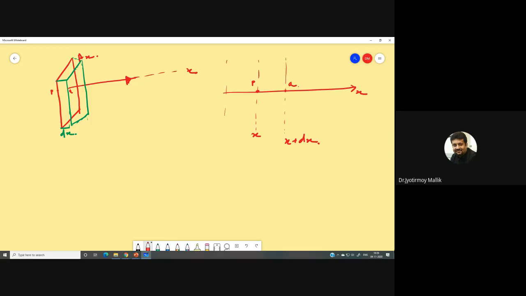Now, due to the propagation of the wave, there will be disturbance at point P. Say it is displaced. This point P is displaced with a displacement vector of u. And this point Q is displaced with a displacement vector of u plus du.